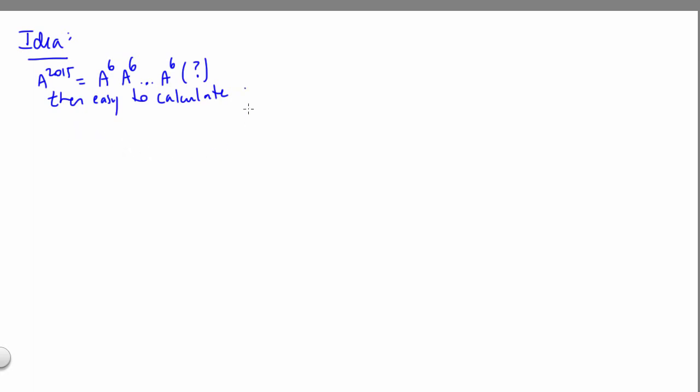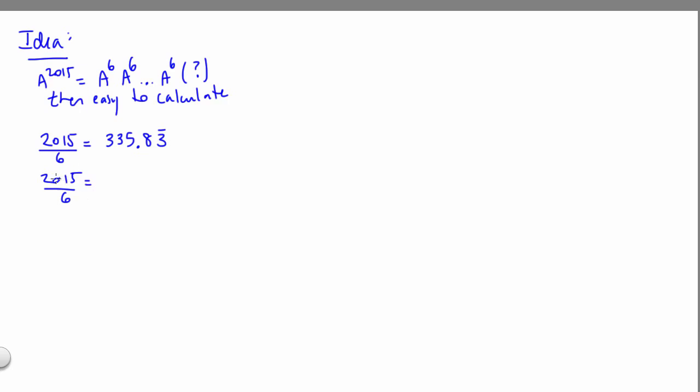So I've just recopied our basic idea from the previous screen, and let's see how we can write out this product. First of all, I'm going to think about what happens if I divide 2015 by 6. Using a calculator, you're going to get something like 335.83 repeating.